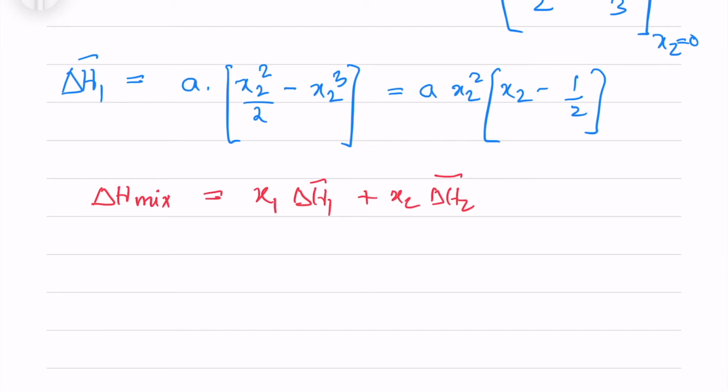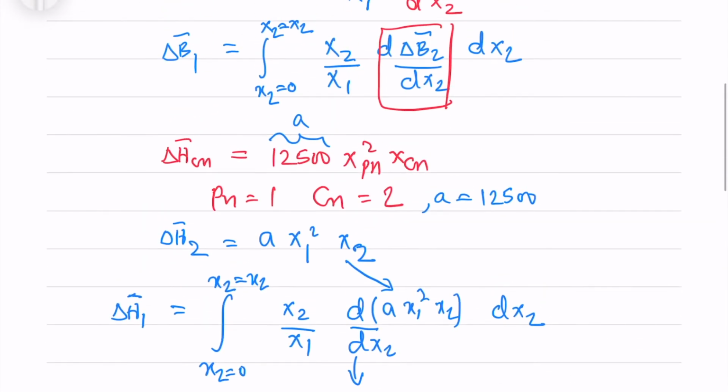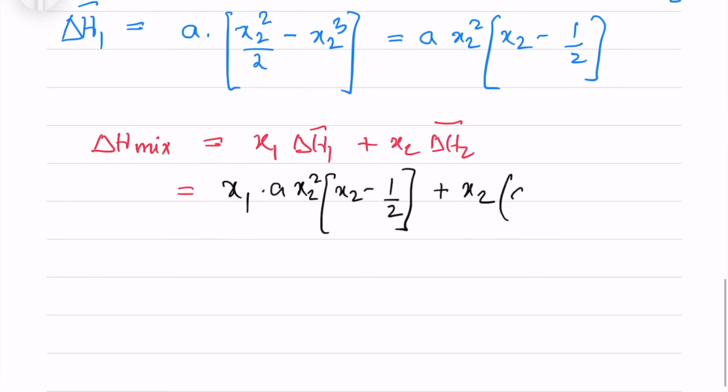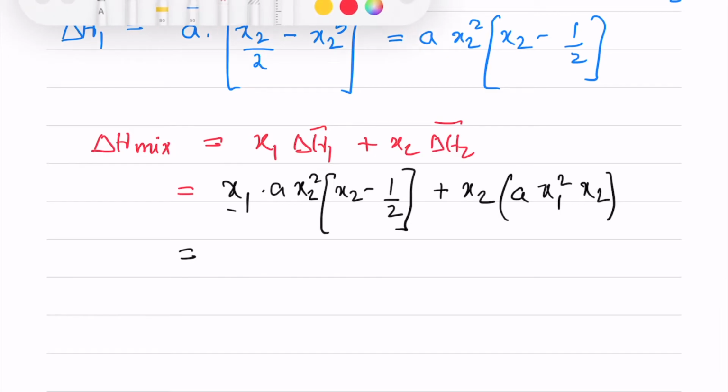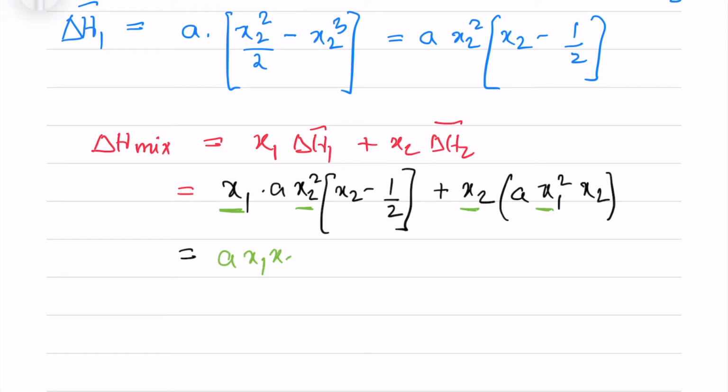So this is x1 into A into x2 squared into x2 minus half, plus x2 into A x1 squared x2, which is A x1 squared x2. I can take A x1 x2 squared common out.